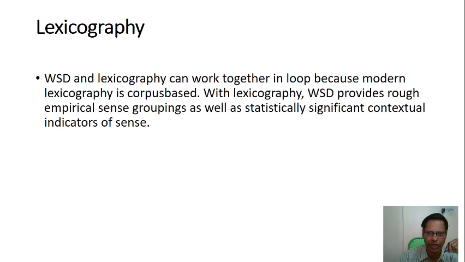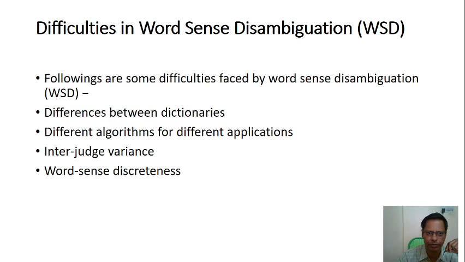These work together in a loop because modern lexicography is corpus-based. Difficulties in word sense disambiguation are differences between dictionaries, different algorithms for different applications, inter-judge variance, and word sense discreteness. What are the difficulties in word sense disambiguation? The first is the differences between dictionaries.